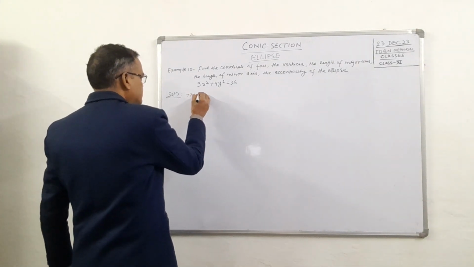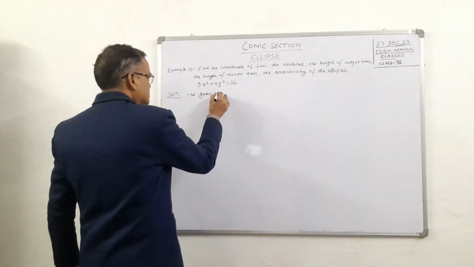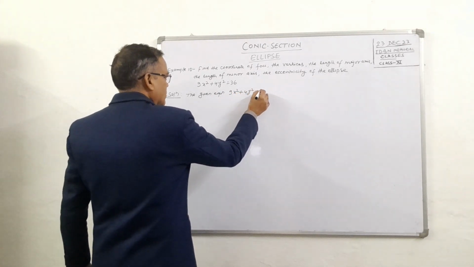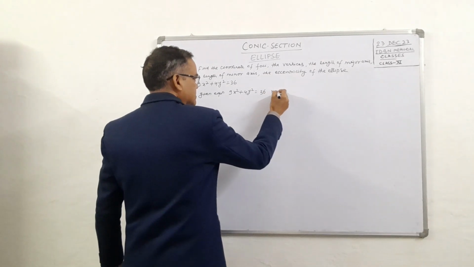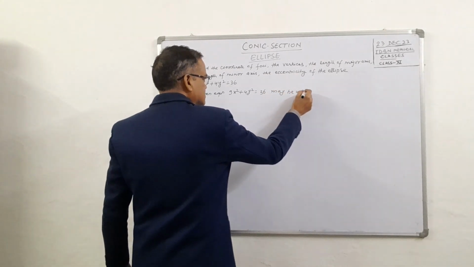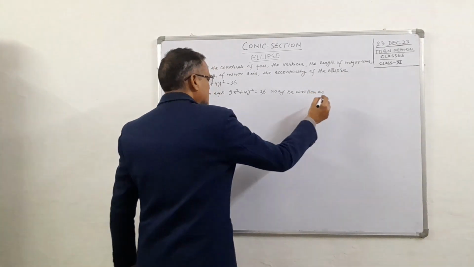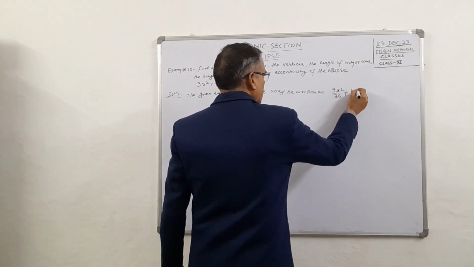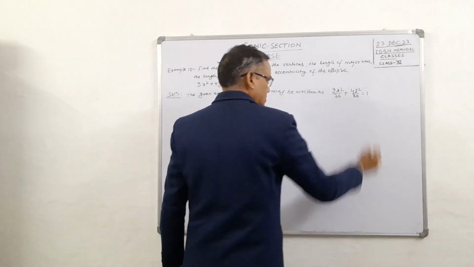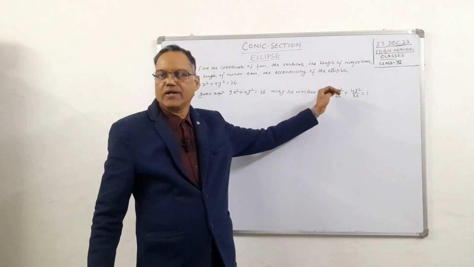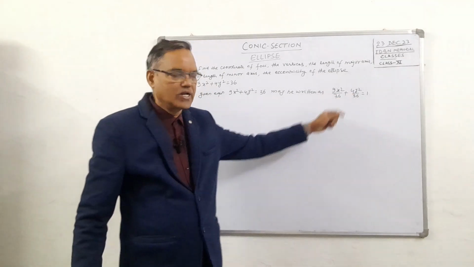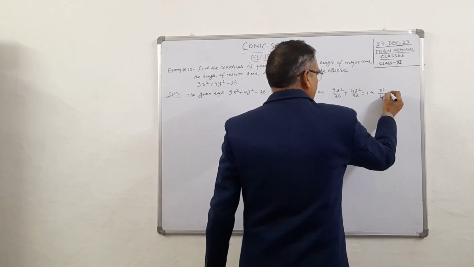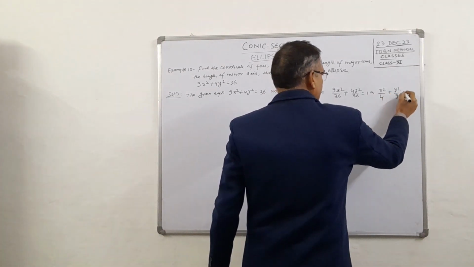Since the given equation 9x square plus 4y square equal to 36 may be written as 9x square by 36 plus 4y square by 36 equal to 1. ठीक है, और further if we divide 36 by 9 and by 4 we will get x square by 4 plus y square by 9 equal to 1.